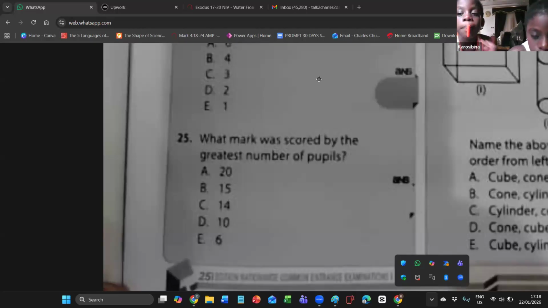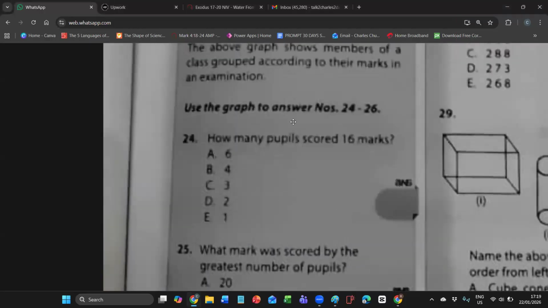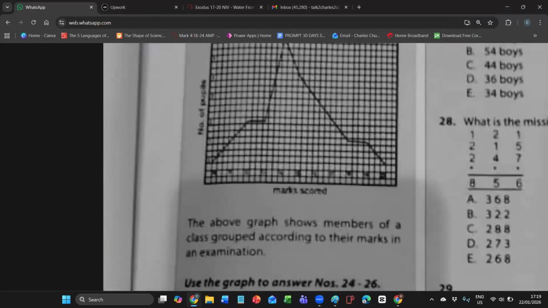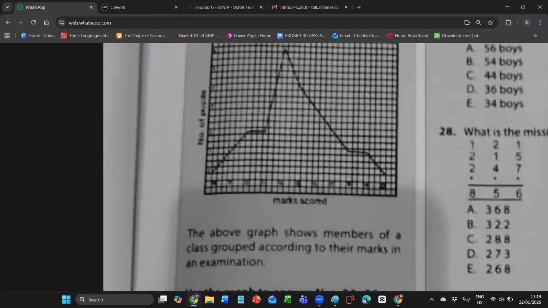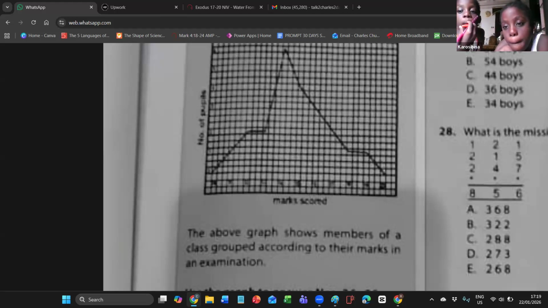Are you asking whether it is correct grammatically? I don't understand your question. She meant, why did they add greatest mark?